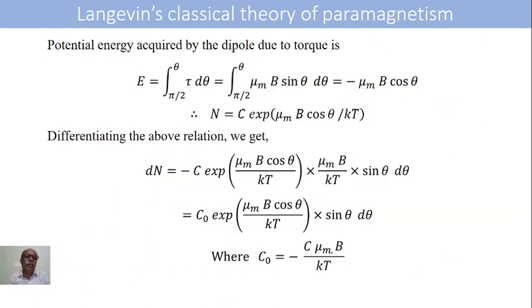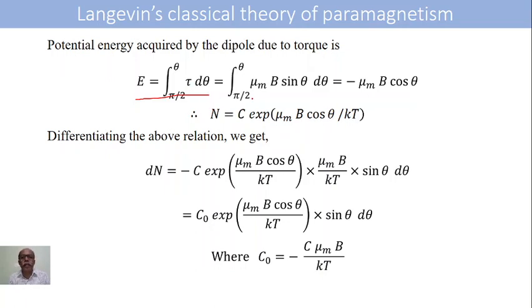Now, the potential energy acquired by the dipole because of the torque, because of the rotating force of the magnetic field, is given by the expression A equals the integral from pi by 2 to theta of tau d theta. This is the expression for the potential energy of the dipole in the presence of the external magnetic field because of the torque acting on it.